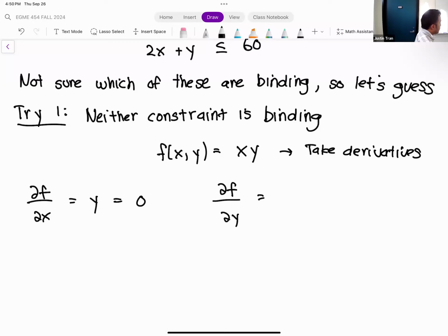You can also take the partial derivative of f with respect to y. If we do that, we get x, and that's also equal to 0. So in this case, we do get a solution here. Our solution is just x and y equal to 0.